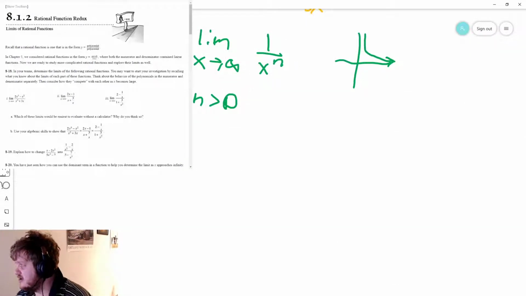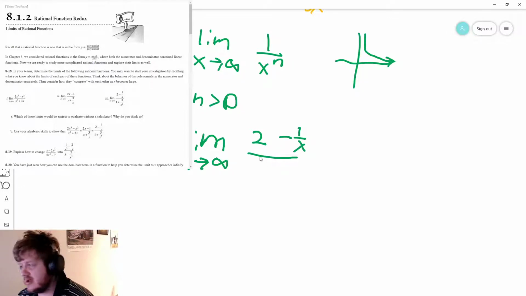So in that third one, without a calculator, we can make it the limit as x approaches infinity of 2 minus 1 over x divided by 1 plus 3 over x squared, and these two sections are going to go to 0.